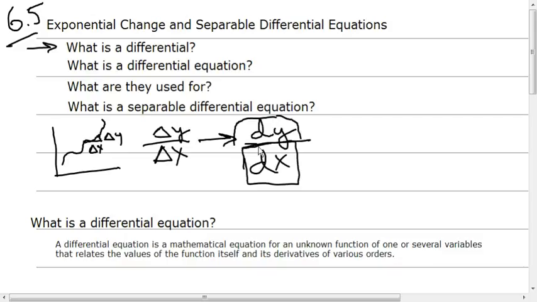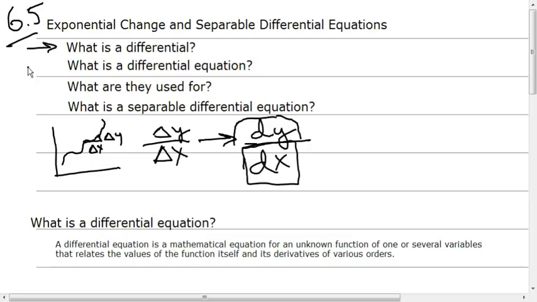And the nice thing about representing a derivative in this way, in Leibniz notation, is that it allows us to manipulate the dy and dx algebraically, which for the most part is going to work out for us. Okay, so that's what a differential is. It's dy or dx, and we've used that in definite integrals and things like that. So we're familiar with that.